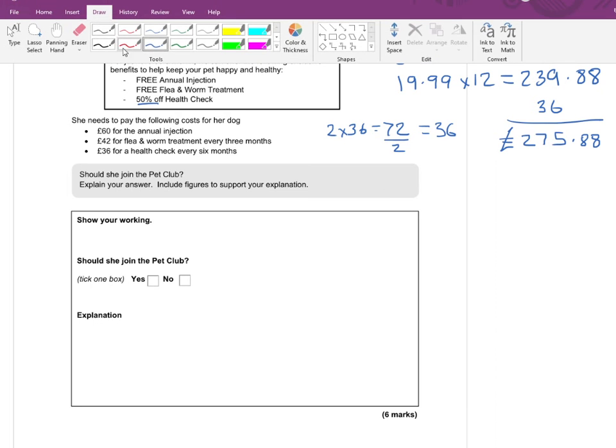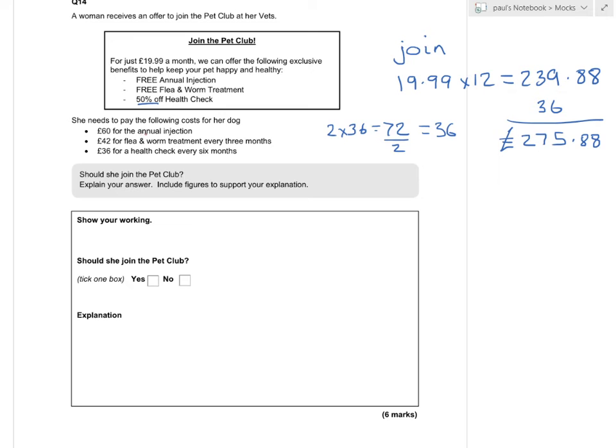Now what if she doesn't join? How much is that going to cost her? If she doesn't join, she's going to pay £60 for the annual injection, £42, so £42 times 4, because it's every 3 months.